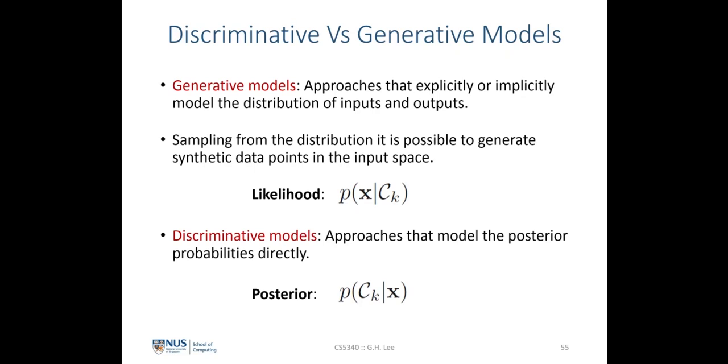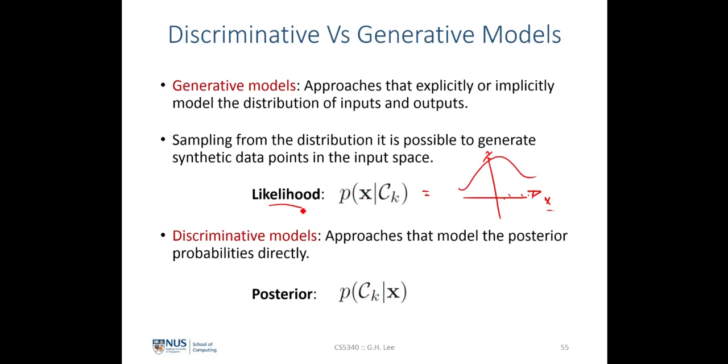This corresponds directly to the likelihood distribution, where this likelihood distribution can actually be a Gaussian distribution. Here, we can sample from this Gaussian distribution. This means that according to the probability, we can sample the random variables from this particular distribution. And this is the likelihood distribution.